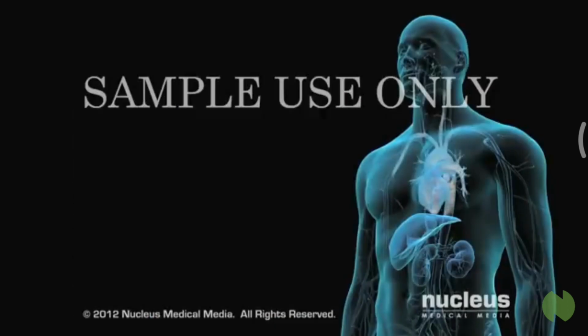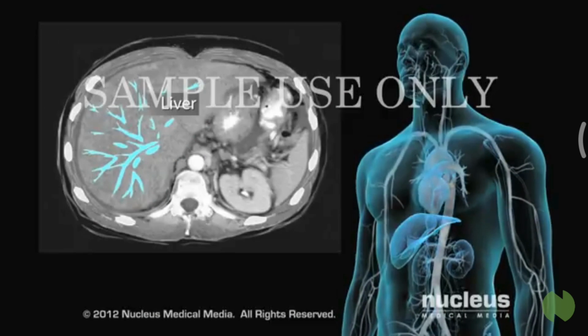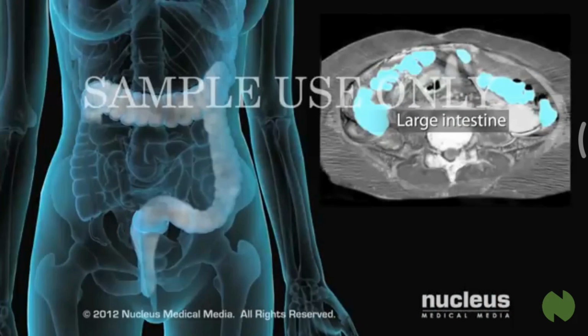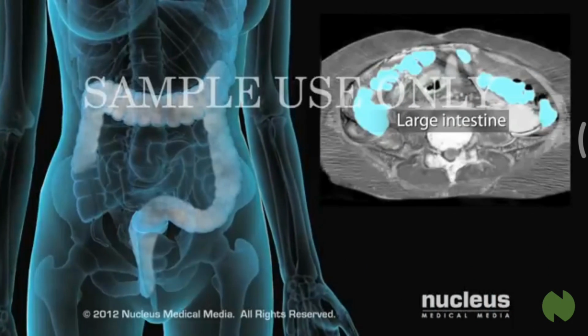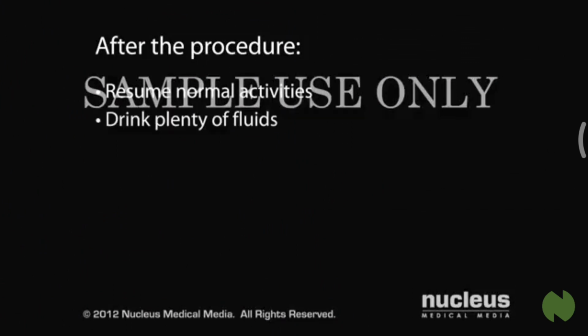If you received an injection, your blood vessels, gallbladder, liver, or urinary tract will be highlighted. If you received a barium enema, your large intestine will be highlighted. After the procedure, you can resume your normal activities. If you received contrast dye, drink plenty of fluids to help your kidneys remove the dye from your body.